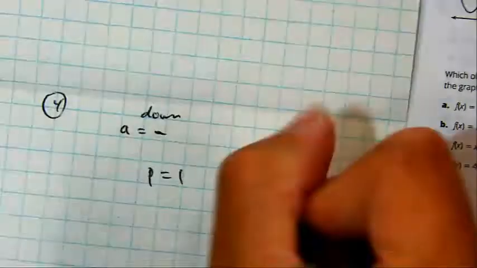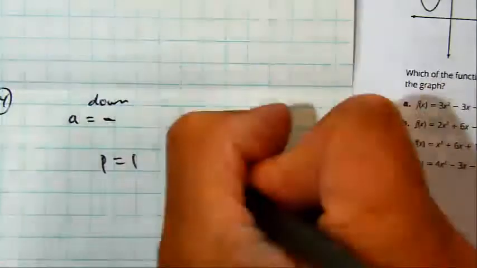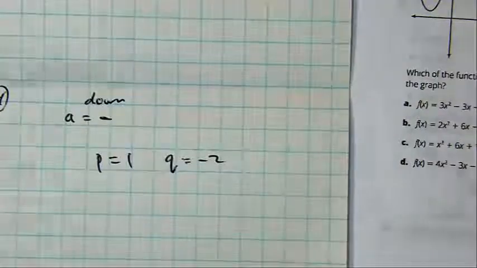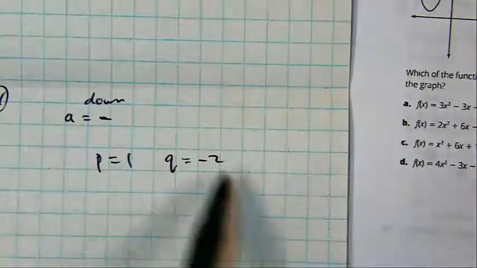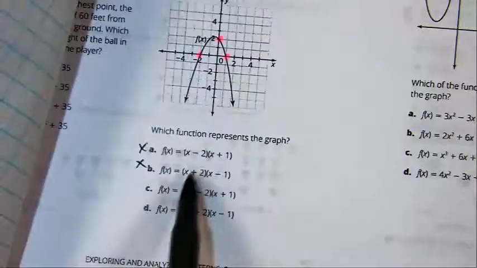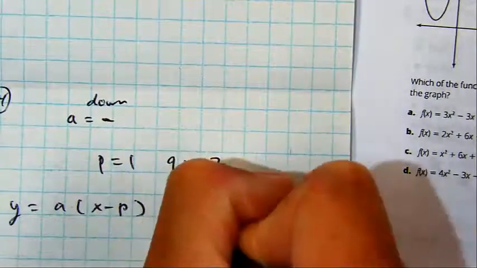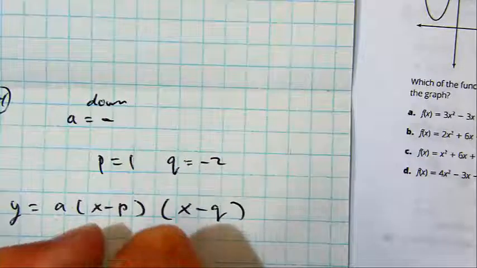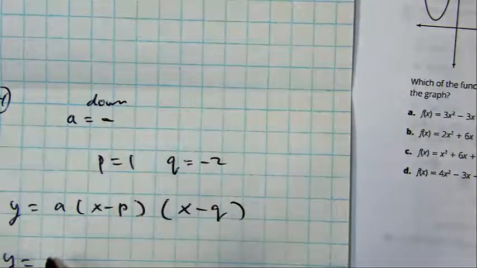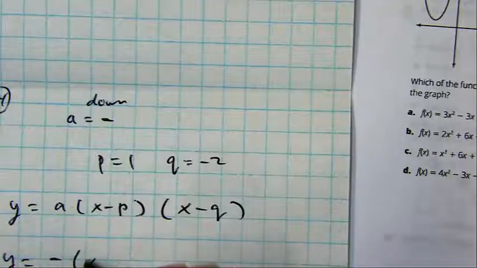If my p value is positive 1, and my q value from the graph is negative 2, I just have to use factored form, because it already tells you it's factored with two sets of parentheses: a times x minus p, x minus q. My a value has to be some kind of negative number. My p value is 1.